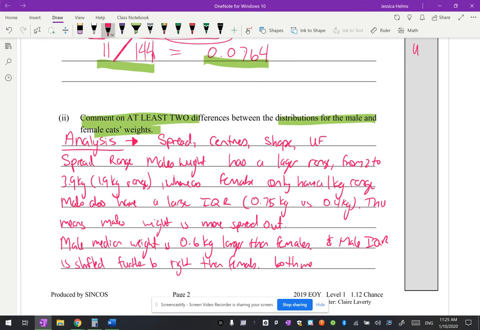Both mean the middle 50% of male weight is larger than female. Okay, so that's at least 2 things. That's 2 successful ones there.